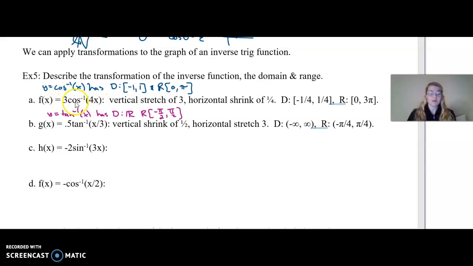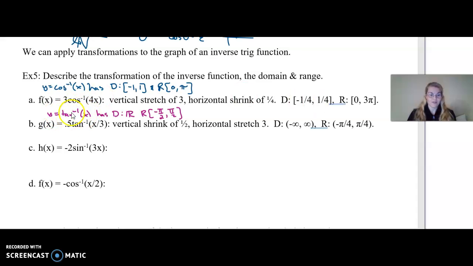Well, 3 is going to be a vertical stretch, which is going to affect my range. So my range is going to be from 0 to 3 pi. And this 4 on the inside of my function is a horizontal shrink of 1/4. So instead of a domain of -1 to 1, I'm going to have a domain of -1/4 to 1/4.